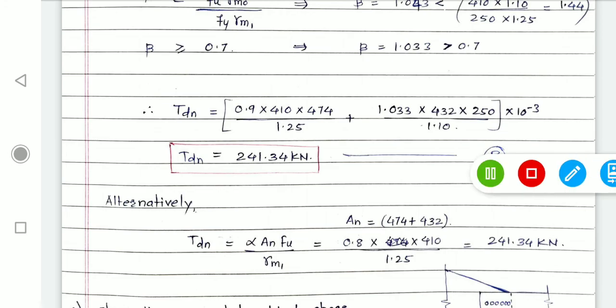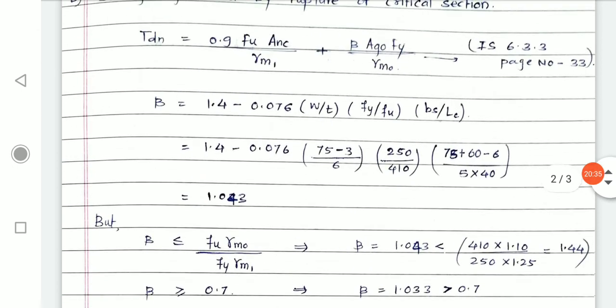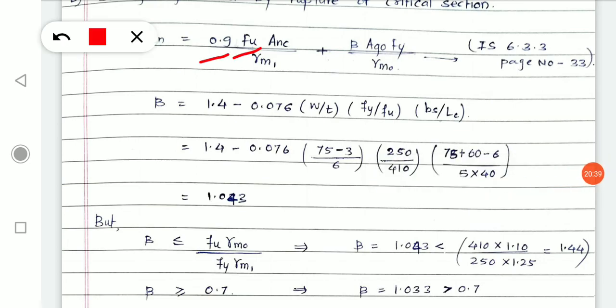Now we are moving towards TDN calculation. In TDN calculation, what do we have? Beta over here. We calculated this beta. Everything else is mentioned in this formula. Yes, 0.9 FU is 250, ANC is already calculated. Put all those values.